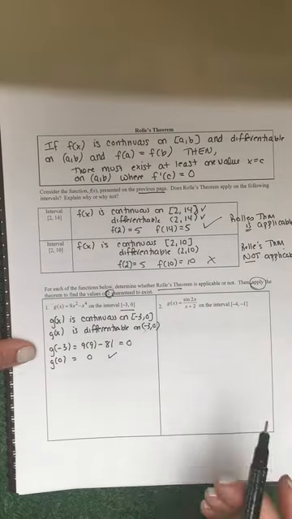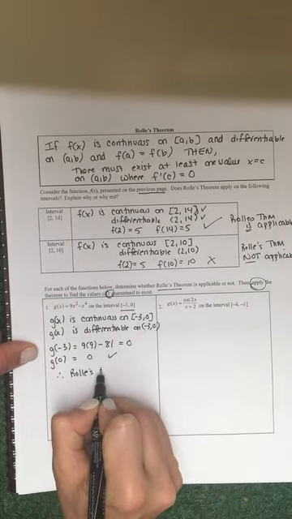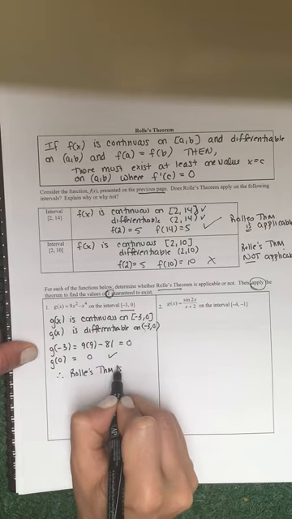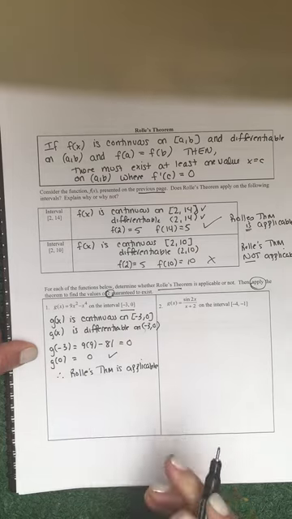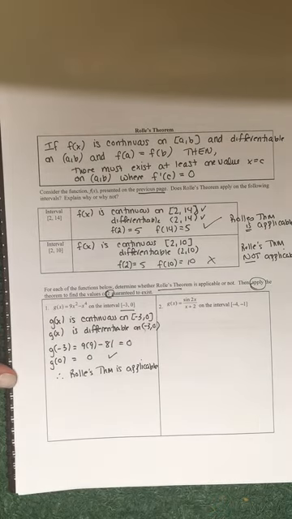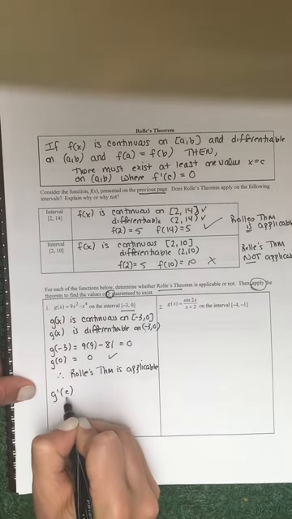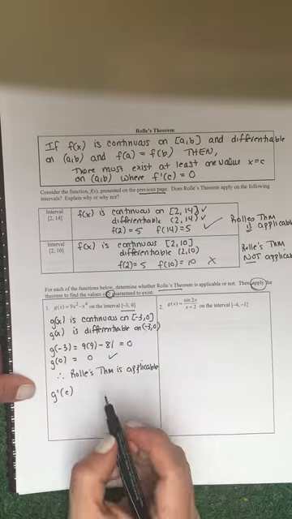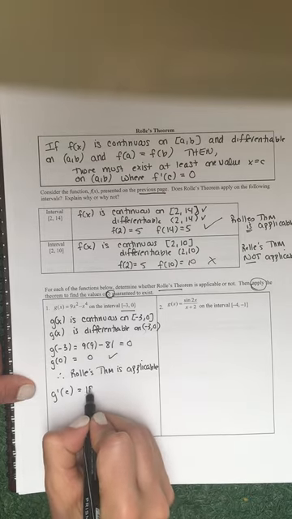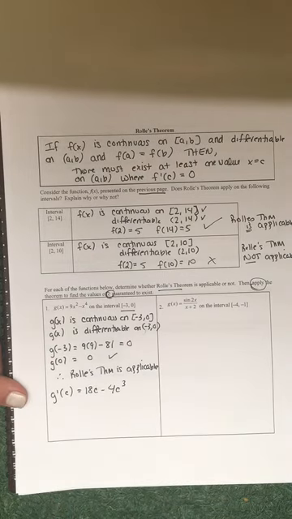So now we can see that Rolle's theorem is applicable, and we can use it. So we've got to actually find the derivative, g prime, and we're talking now at the specific value c. We're looking for c. So g prime at c is equal to 18c minus 4c cubed.